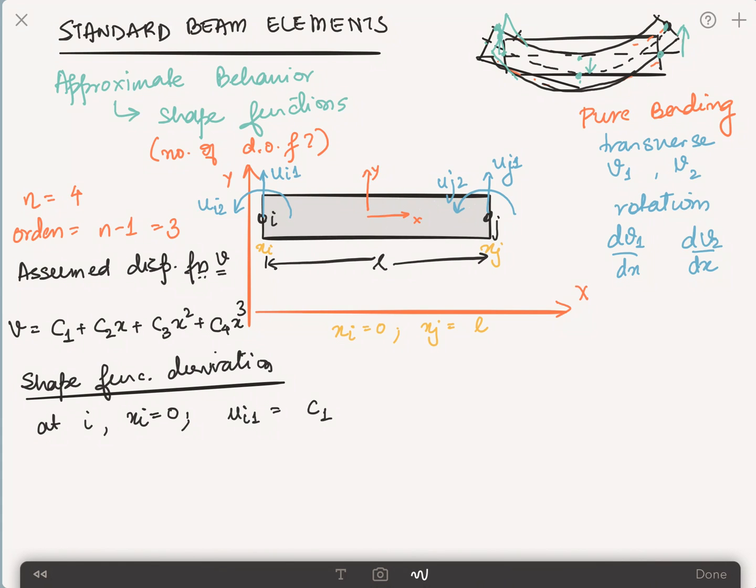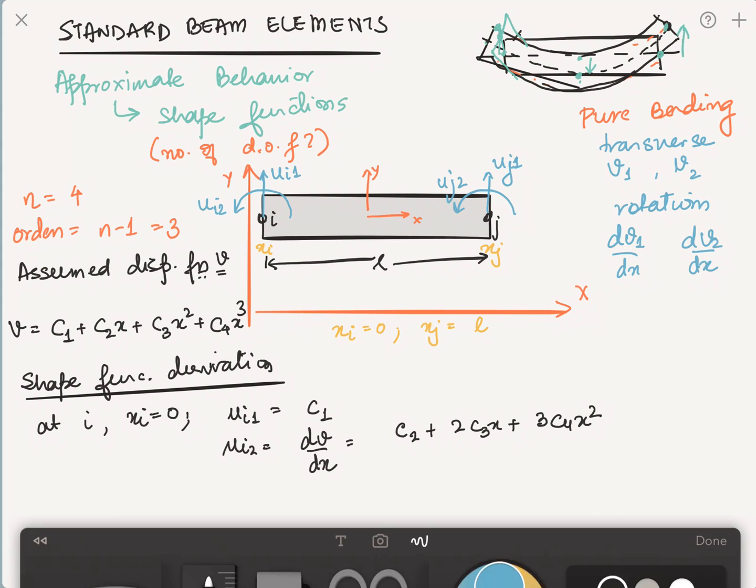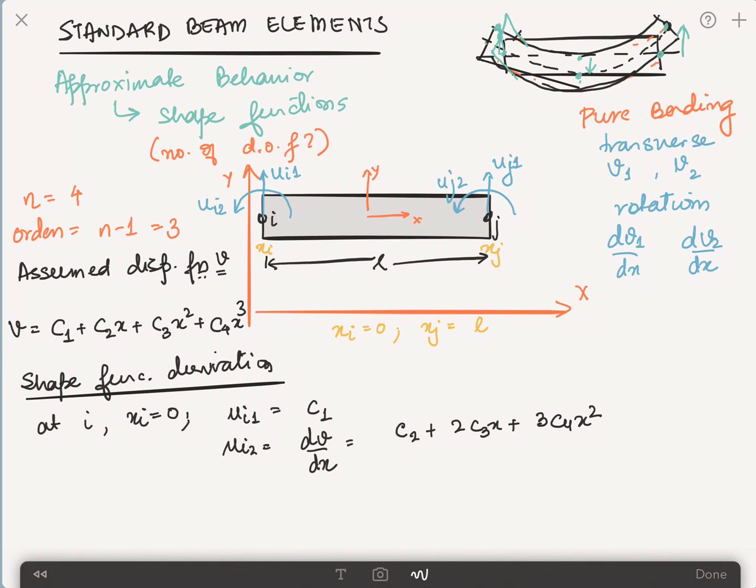That's quite easy. Then ui2 is equal to the derivative dv/dx. First we find dv/dx, which is c2 plus 2c3x plus 3c4x square, and when x is equal to xi is equal to 0, we get c2.